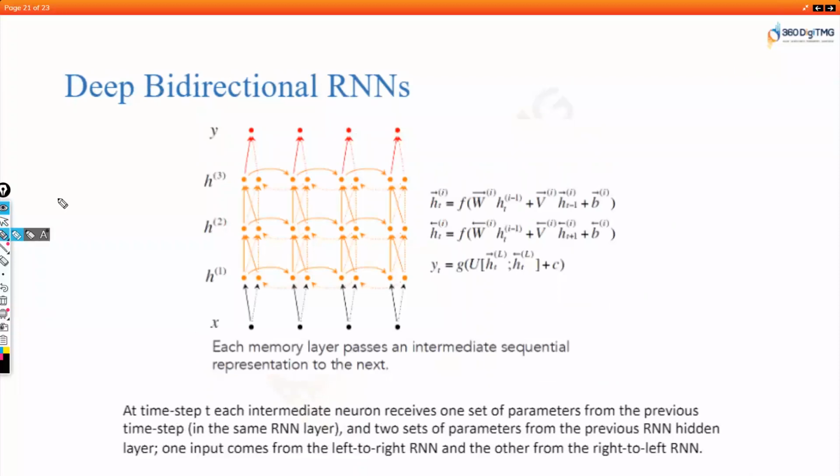Then we also have the deep bidirectional recurrent neural network. In a deep bidirectional RNN, you'll have multiple hidden layers. When you have multiple hidden layers, it becomes deep. The moment the depth increases, the capability of learning about the data becomes multifold.